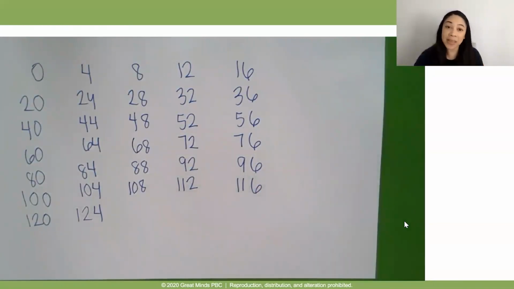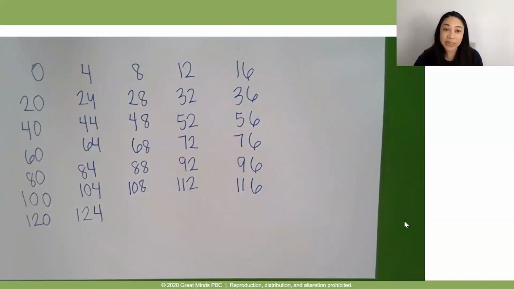It just kept happening as we counted over and over again. This pattern in this ones place continues forever. Why is that? It continues on forever because it's always 4 more, and it just continues on with that cycle.